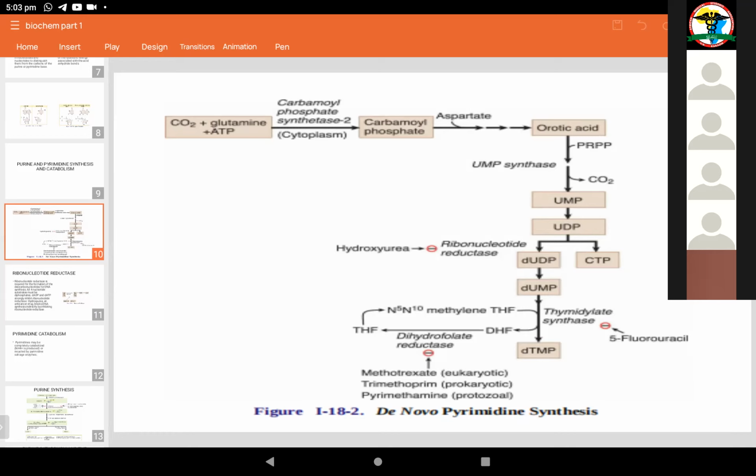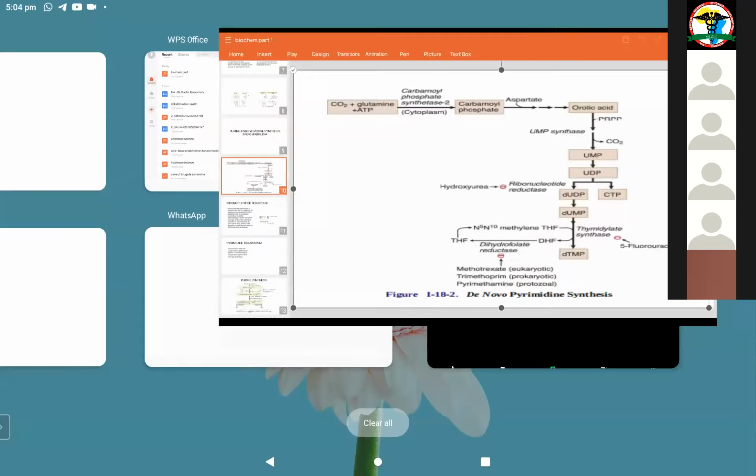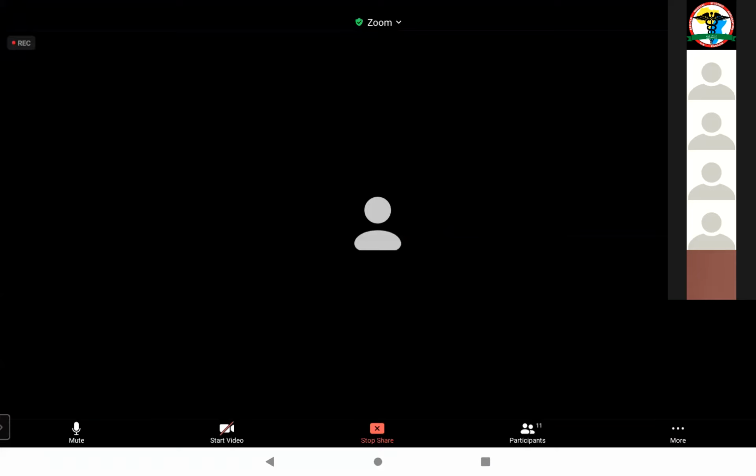So basically, I've told you guys, very important, the enzyme that catalyzes UDP to deoxy-UDP. What's the difference between UDP and deoxy-UDP? Anyone? UDP and deoxy-UDP, what's the difference?